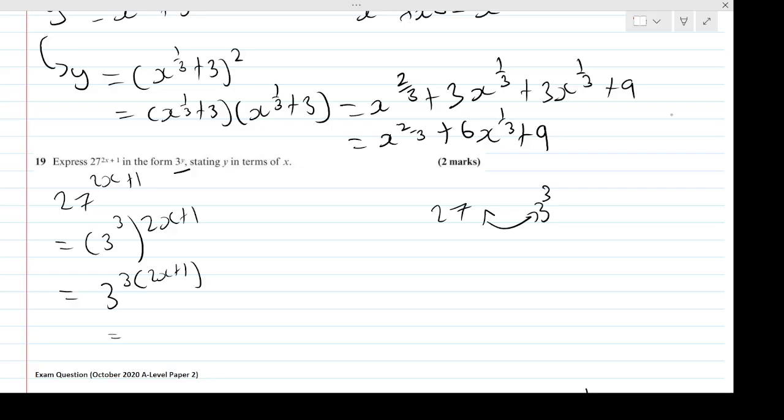Then we expand this out and do the multiplication. So it'd be 3 lots of 2x, which would be 6x, and 3 times 1, which would be plus 3. And now that's in the form of 3 to the y, isn't it? It says to state y in terms of x, so that means y is 6x add 3. And there we are, that's our result.